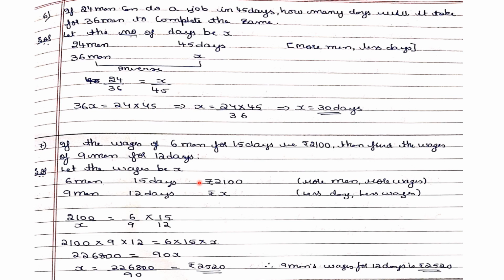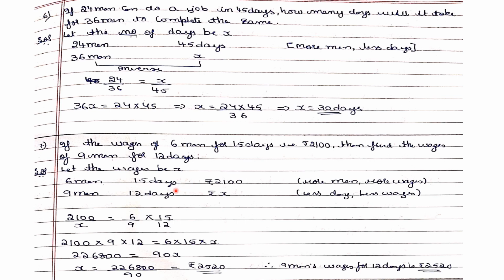Having 6 men, you are giving 2100 rupees. Here you have 9 men, that means the workforce has increased, so you have to pay more. More men, more wages. So for 15 days you are paying rupees 2100.